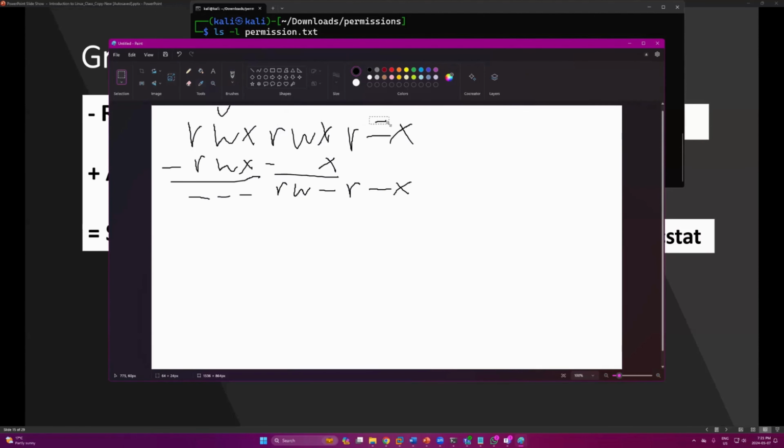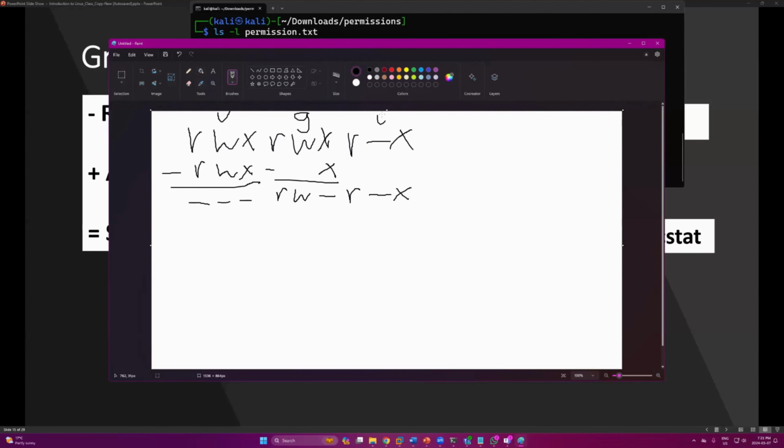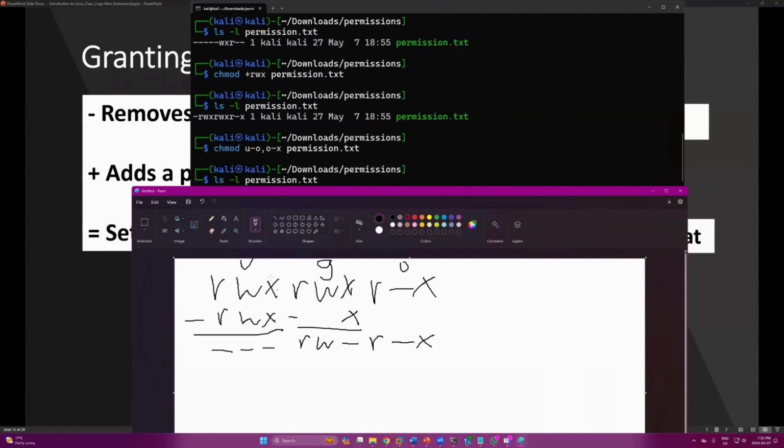So I need to subtract something different. So it's UG and then O. So what is this? It's U minus O. So in this case, everything needs to change. Okay, so U minus O, so RWX, if I do subtract, it's gonna be nothing, right?